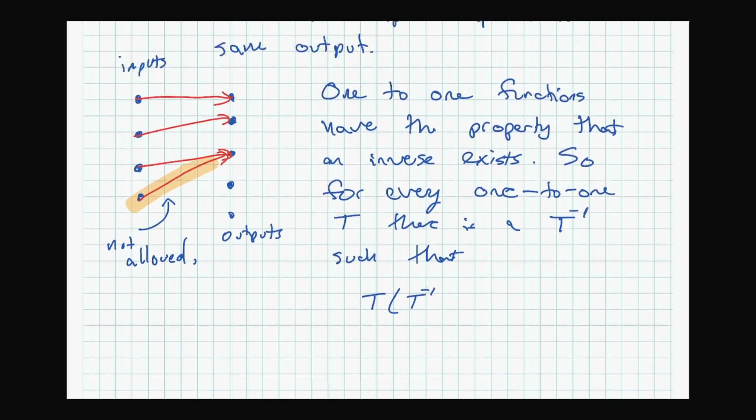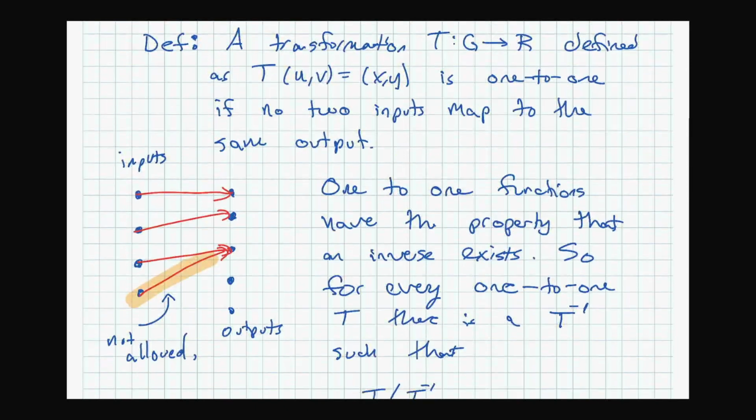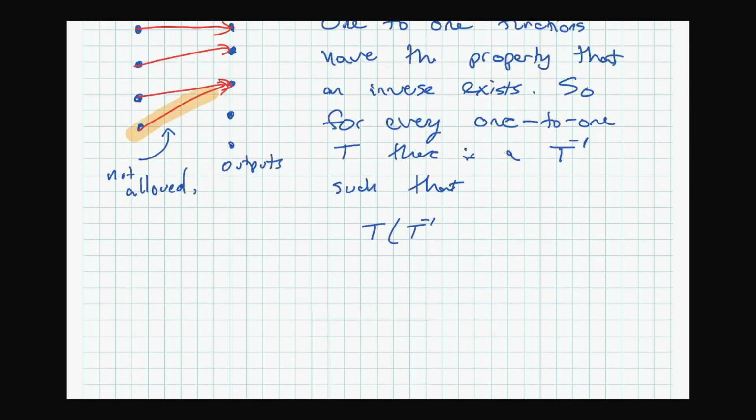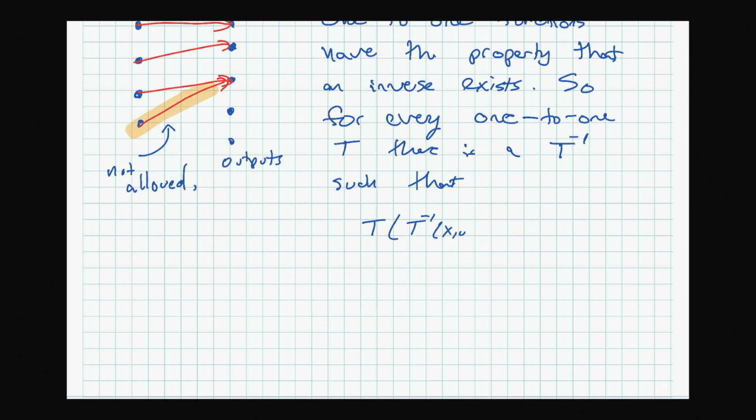Oh, I have to think about this. So T went from (u,v) to (x,y). So T inverse would take in an (x,y). And if I do it the other way, T inverse of T of (u,v), that would be (u,v).